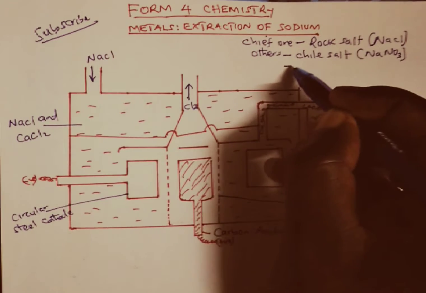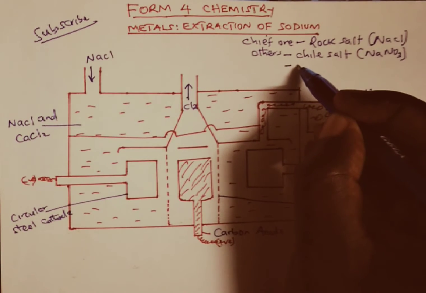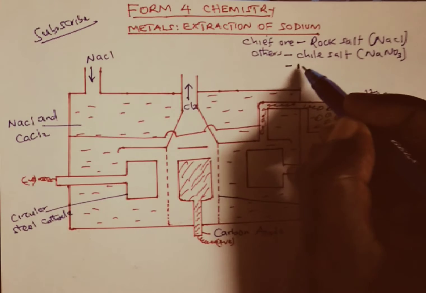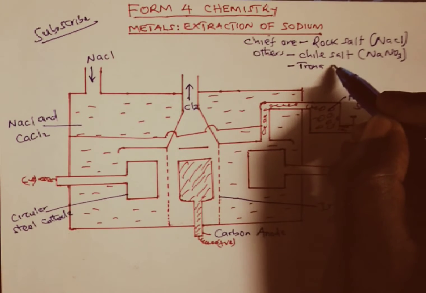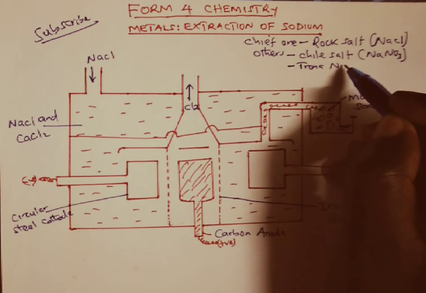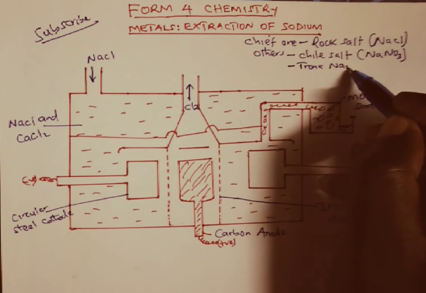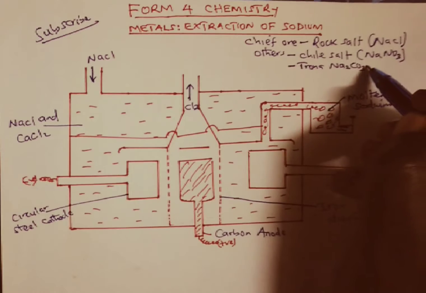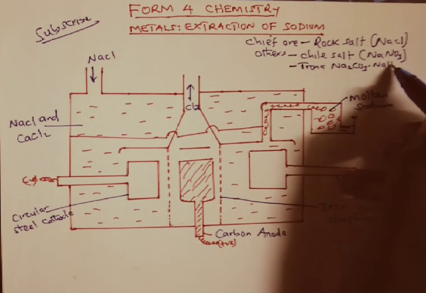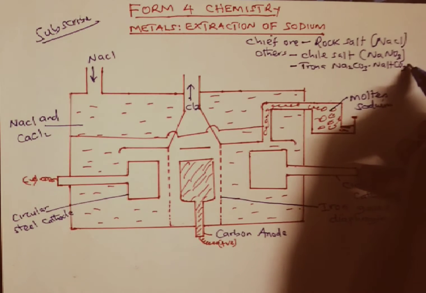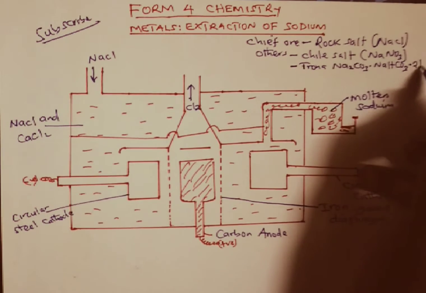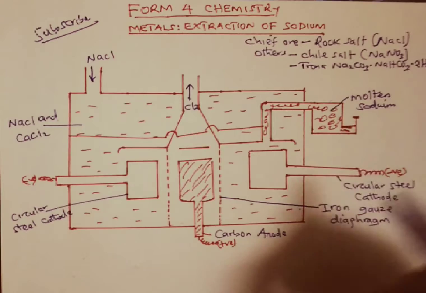Apart from Chile salt, we can also extract sodium metal from trona. Trona is a double salt of sodium carbonate, sodium hydrogen carbonate, and this has two waters of crystallization.